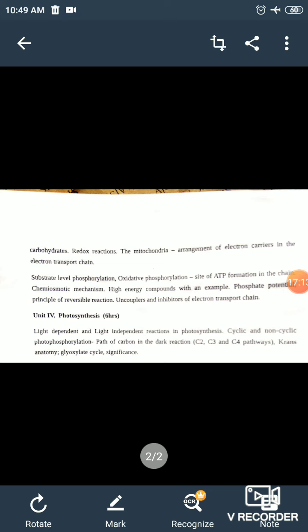Without oxygen, the final acceptor of the electrons from reduced equivalents, the ETC cannot perform. So it is very important that the cell has sufficient oxygen to take up the electrons from the reduced equivalents.